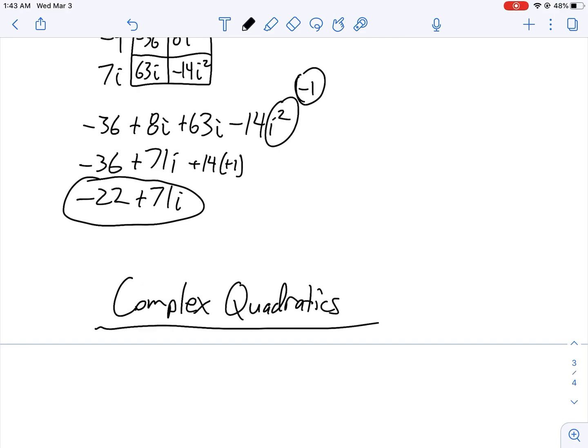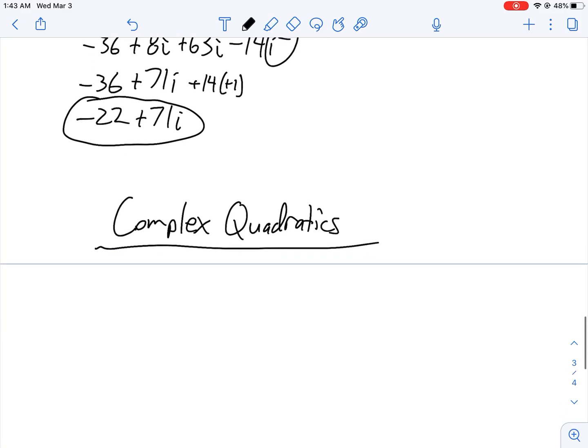And the way we're going to see these is when we're dealing with a square root. That's the only time we see them, as far as putting down i as a solution. So only when we're dealing with some way of square rooting it.